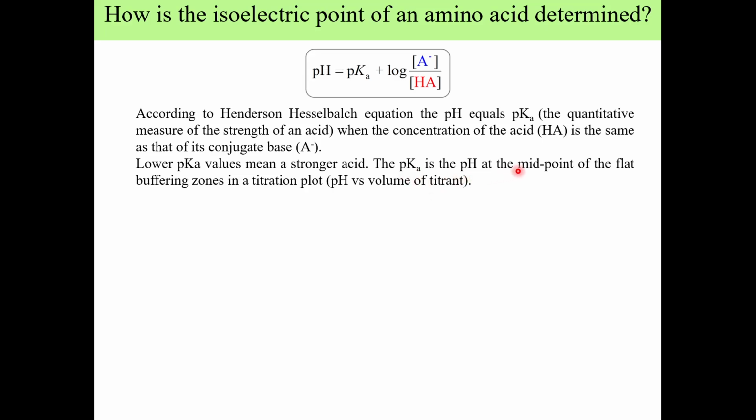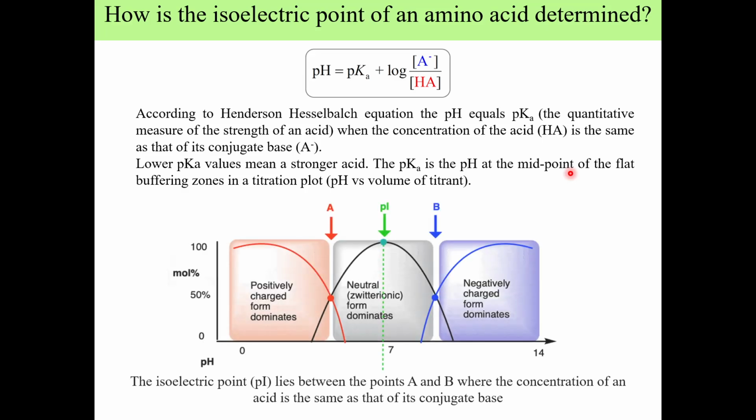So pKa is the pH at the midpoint of the flat buffering zones in a titration plot. If you look at this, this is the region of the neutral charge of the amino acid, here is where the amino acid is positively charged and the pH is low, and here the amino acid is negatively charged. At these midpoints you see the pKa1 and pKa2 of amino acids.